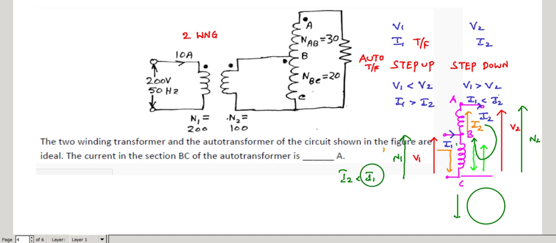So the I1 current is flowing like this and the I2 current is flowing like this, so the resultant current is I1 minus I2, flowing downwards because I1 is greater than I2. Whichever current is greater, that current direction is the direction in that section. So I1 minus I2 current flows in that winding section, but the direction is downwards.